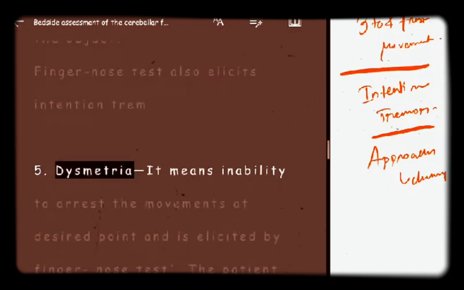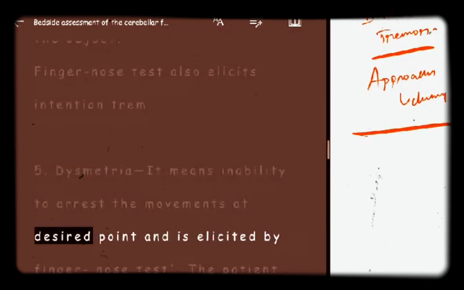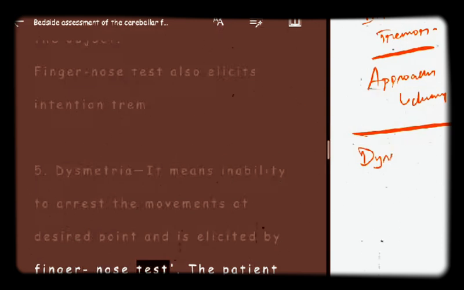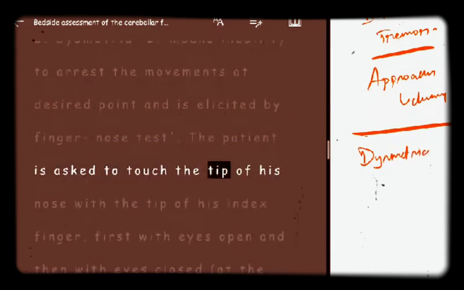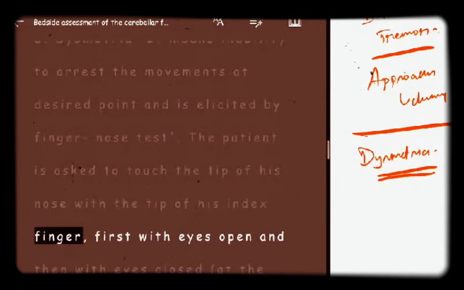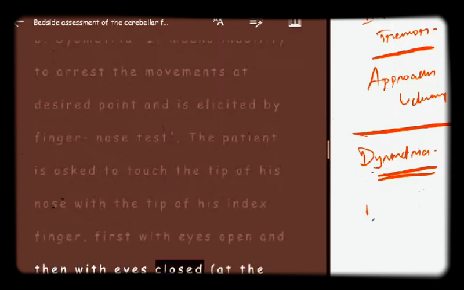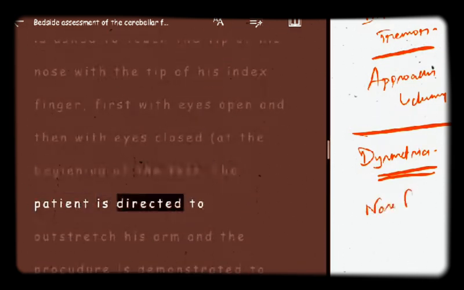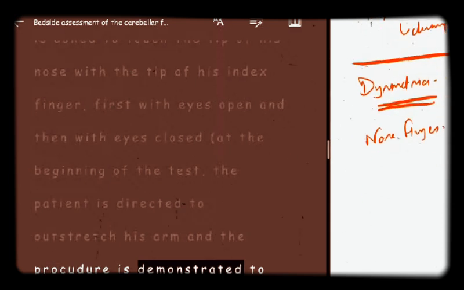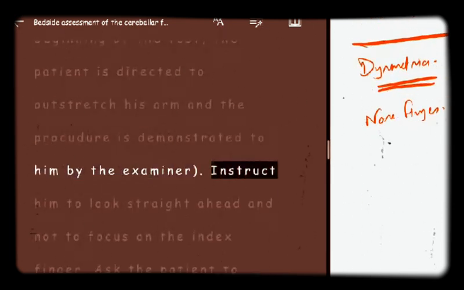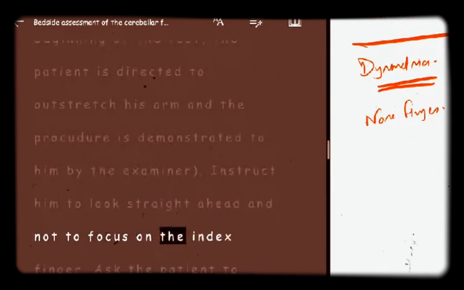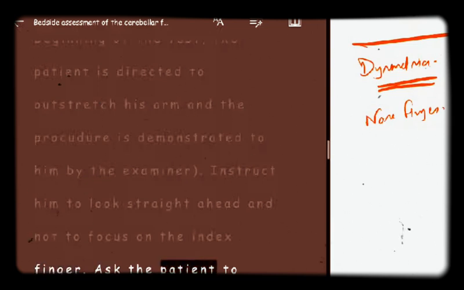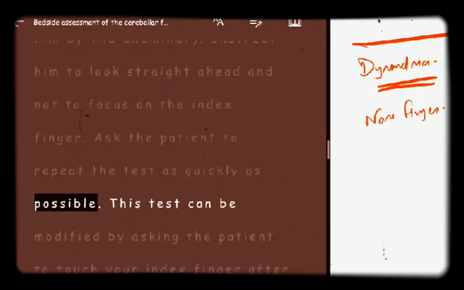5. Dysmetria. It means inability to arrest the movements at desired point and is elicited by finger-nose test. The patient is asked to touch the tip of his nose with the tip of his index finger, first with eyes open and then with eyes closed. At the beginning of the test, the patient is directed to outstretch his arm and the procedure is demonstrated to him by the examiner. Instruct him to look straight ahead and not to focus on the index finger. Ask the patient to repeat the test as quickly as possible.